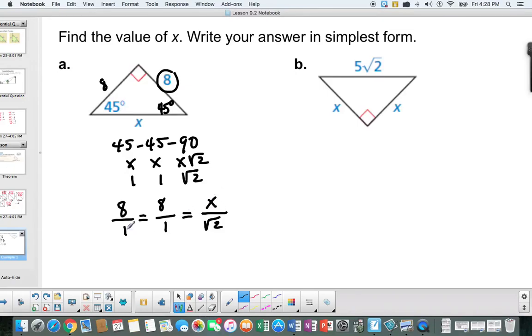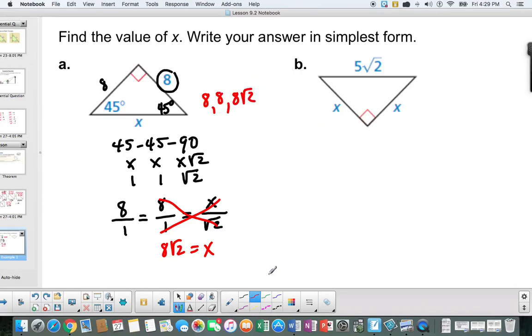So I know that the sides go 1, 1, root 2, and this similar triangle will be 8, 8, and then I'm going to try to figure out the hypotenuse. Maybe some of you already can tell the answer, but if you can't, then we can cross multiply, and therefore x is equal to 8 root 2. You may have already figured out that it was 8, 8, and then 8 root 2.